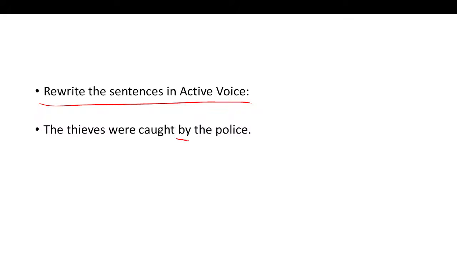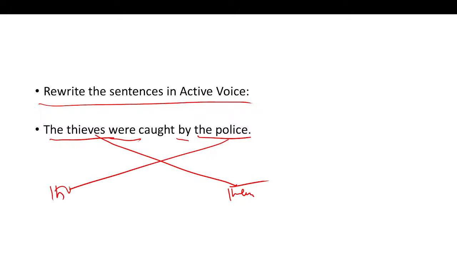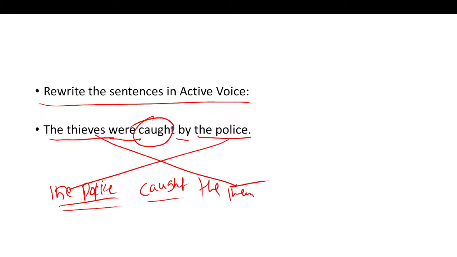This is in passive voice. By is the conjunction. This is the passive form. So the subject becomes the object, the thieves, and the object becomes the subject, the police. Caught is simple past. Here also you have to use simple past only. The police caught the thief.